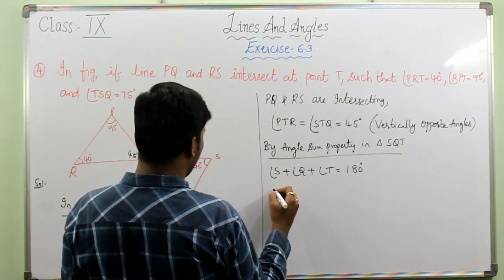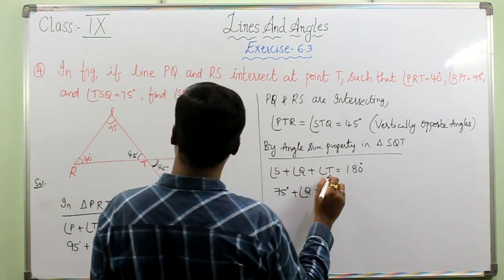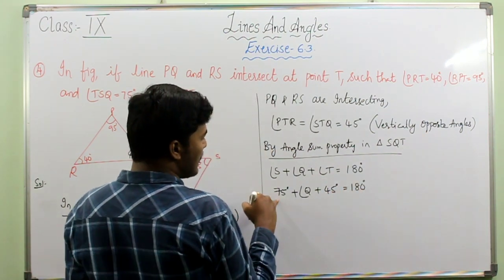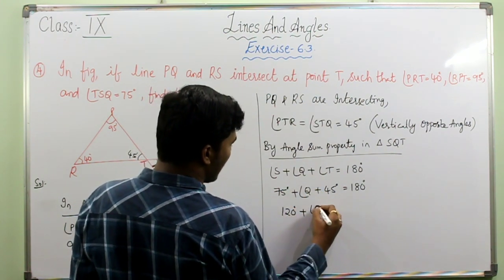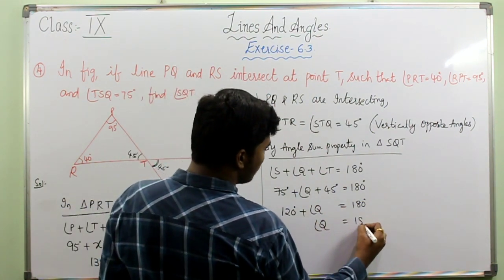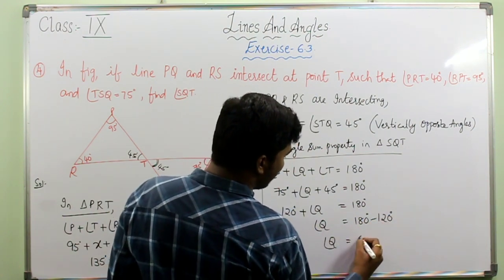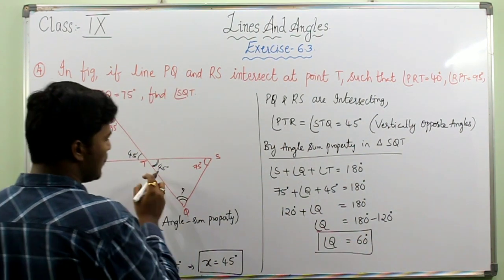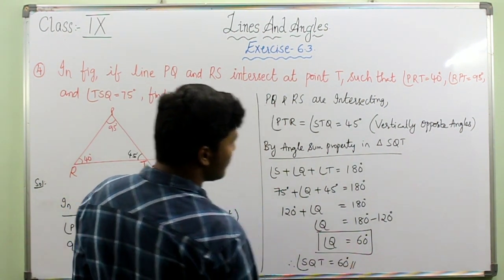So this will become angle S is 75 plus angle Q, which I don't have, so let it be angle Q, plus angle T is 45 degrees, which is equal to 180 degrees. 75 plus 45 will become 120 degrees, plus angle Q is equal to 180 degrees. From that, angle Q is equal to 180 minus 120. So therefore, angle Q is equal to 60 degrees. Angle Q is nothing but SQT. So therefore, angle SQT is equal to 60 degrees.